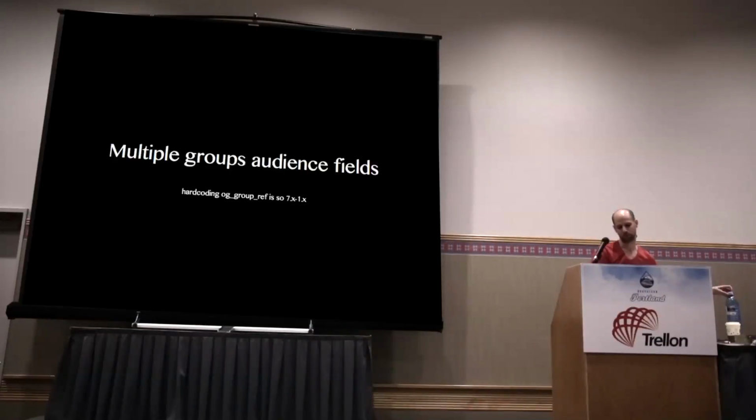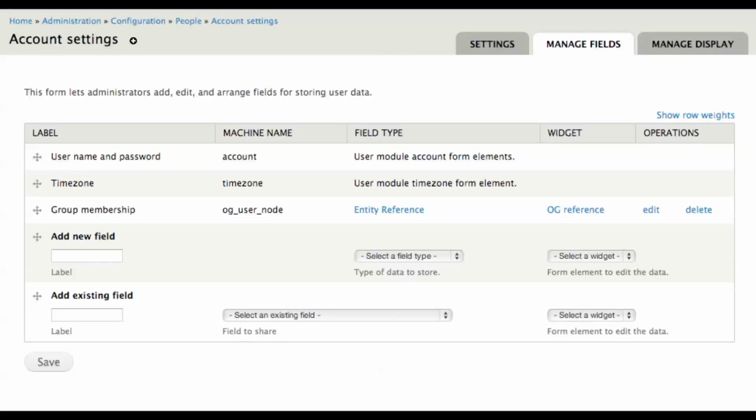Multiple group audience fields. This one is one of the reasons why I rewrote OG the second time. Because at first it was really hard-coded to a field called OG group ref, but it's no longer hard-coded. And again, using an example from Drupal Commons, I will try to explain this concept. So in Drupal Commons, they want to have what they call trusted contacts.